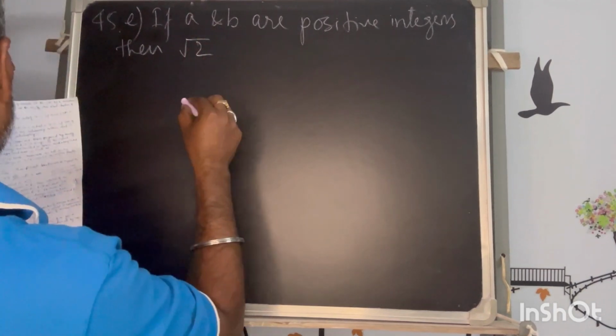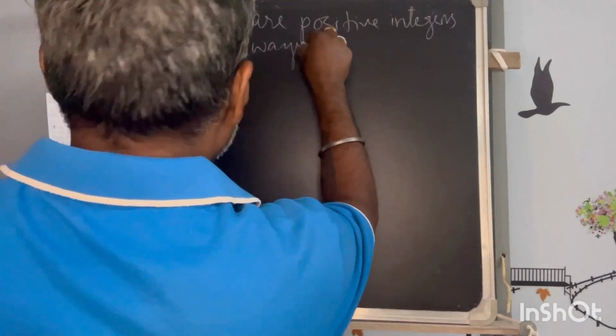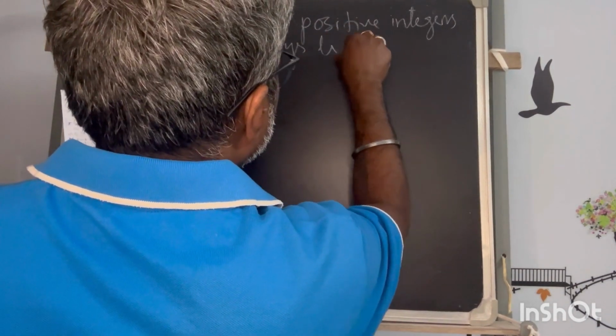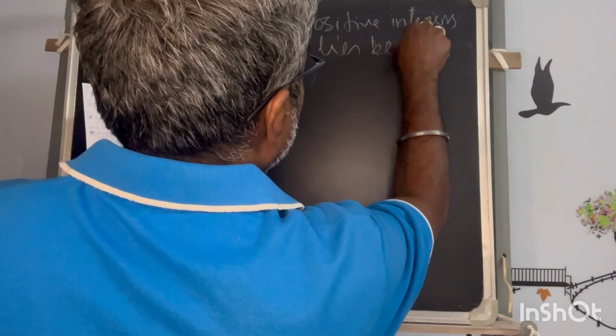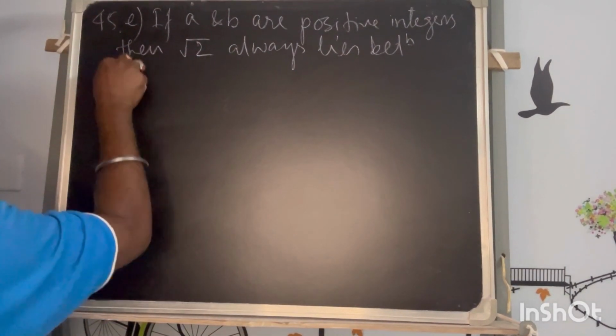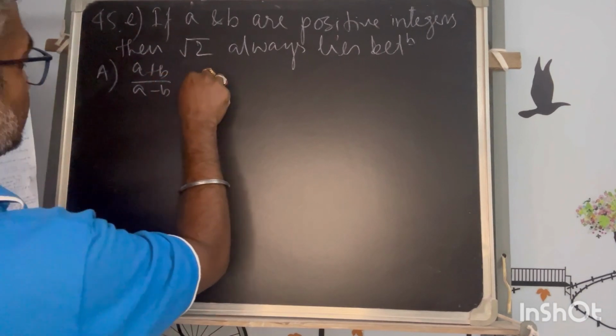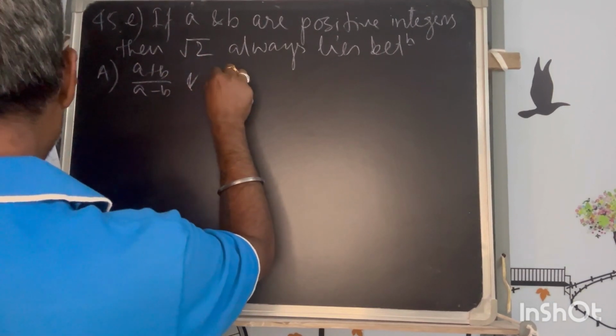root 2 always lies between. There are 4 options being given. Option A is (A plus B) by (A minus B) and AB.